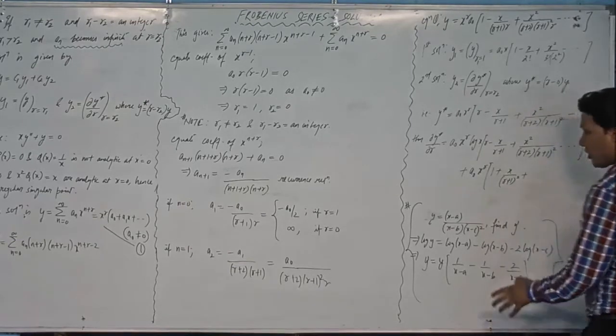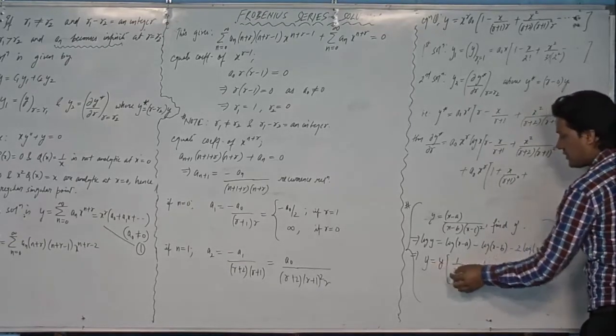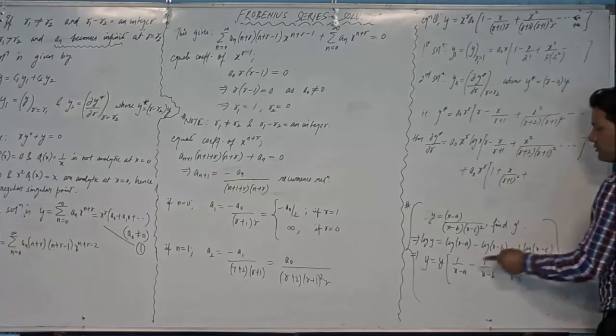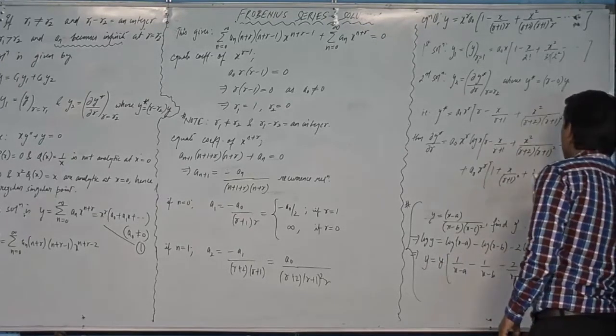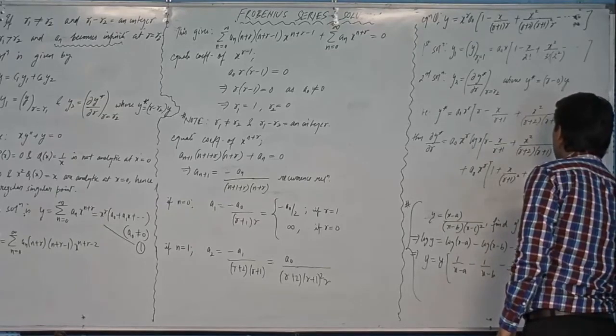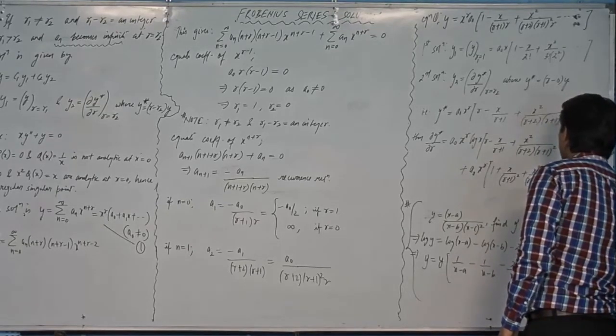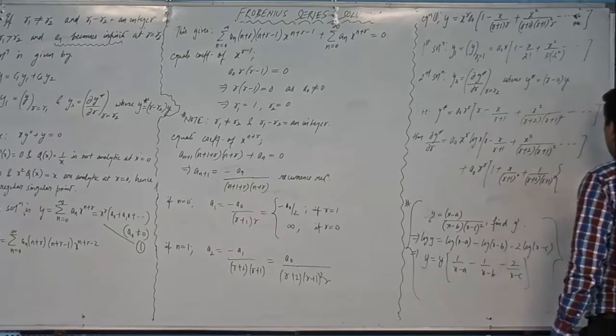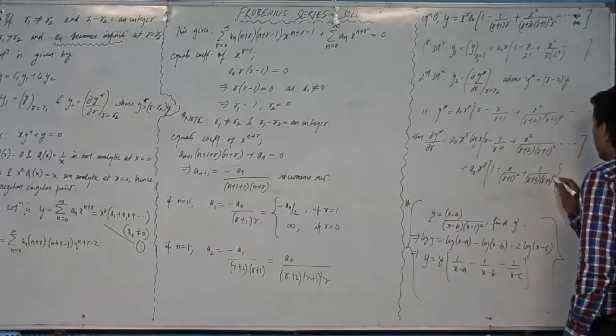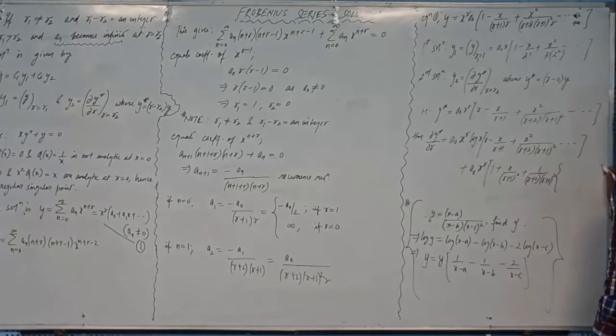According to this formula, the derivative of this function with respect to r will be like this: y, the whole function. The whole function is x square over r plus 2, r plus 1 whole square. I should write that x square here after.